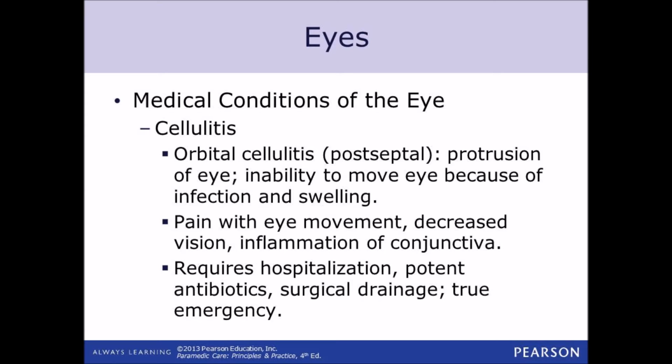Sometimes this will go to the extreme of having to surgically go in and drain the periorbital abscess area. If this gets an extreme amount of swelling, that's going to be a huge priority. It can even get enough pressure to break some of the eye orbit and the eye socket from so much pressure built up in there. So this is a true medical emergency and needs to be treated in the hospital.